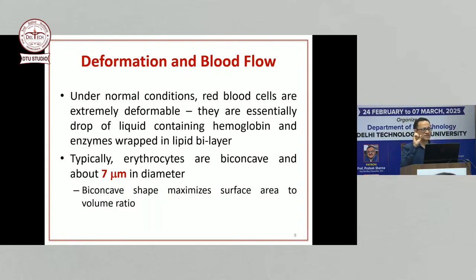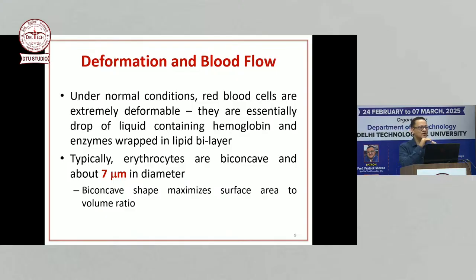The shape of these red blood cells is biconcave, and they are 7 micron in size. This shape is very special because it has a maximum surface area to volume ratio, and red blood cells are extremely deformable, which they should be.